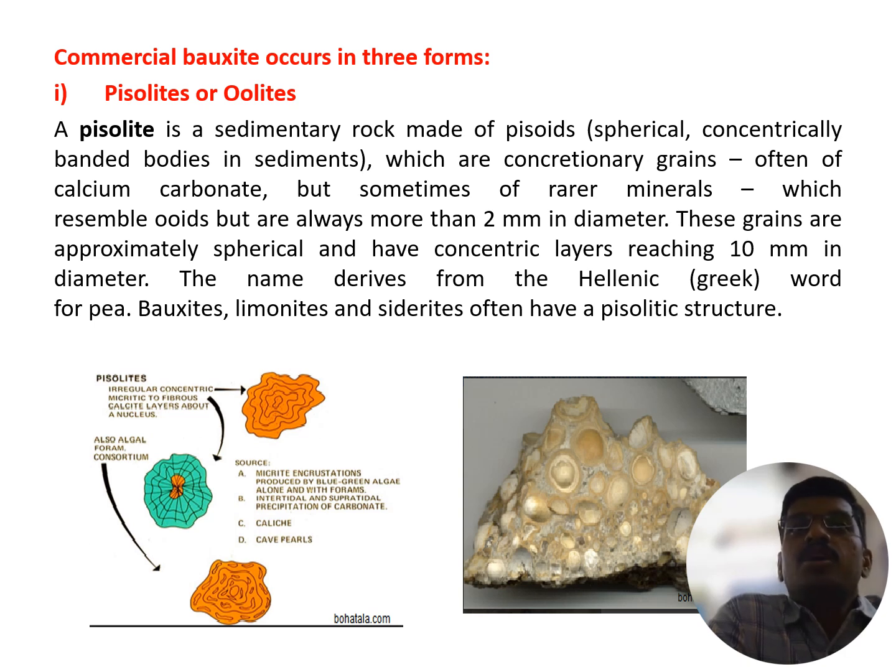These grains are approximately spherical and have concentric layers reaching 10 mm in diameter. The name derives from the Greek word for pea. Bauxites, limonites and siderites often have the pisolitic structure. The pisolitic structure of bauxite and its origin is given in the diagrams.